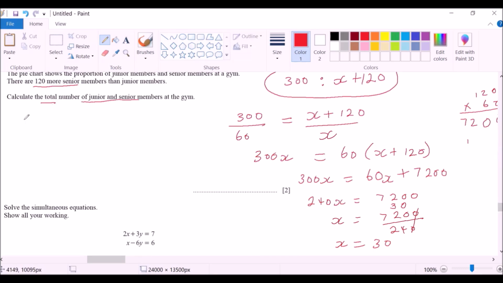We want the total. So the total is x for juniors plus x plus 120 for seniors. X is 30, so we will say 30 plus 30 plus 120, which will give us 180. So our answer here is 180 people at the gym.